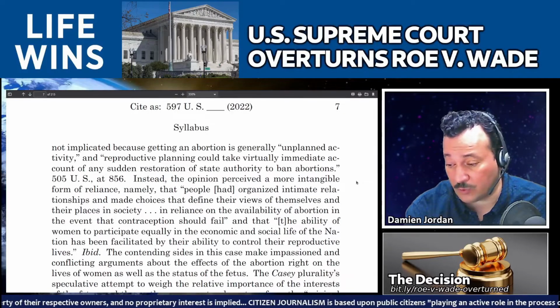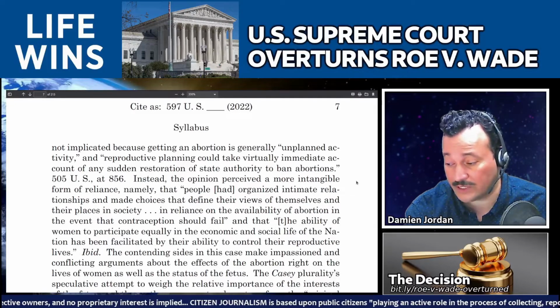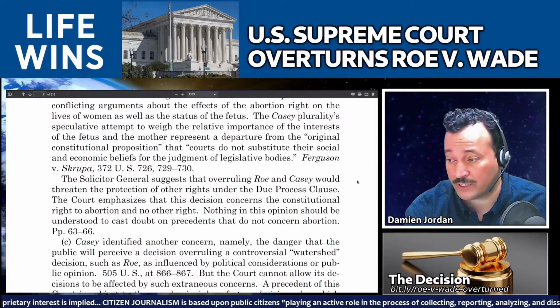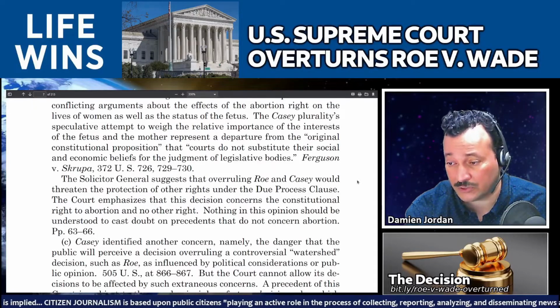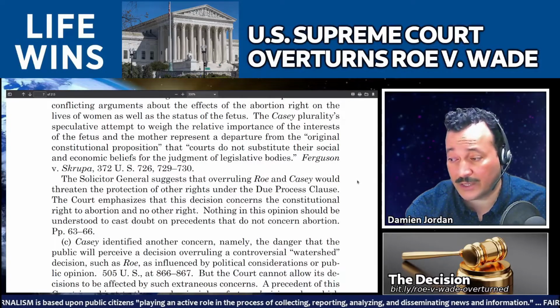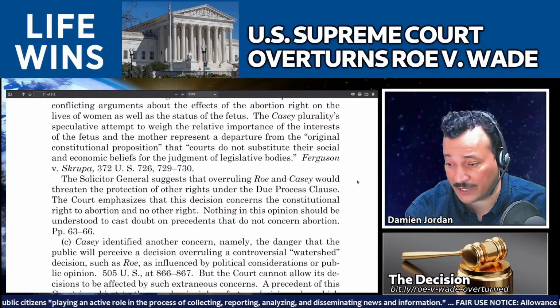The Casey plurality's speculative attempt to weigh the relative importance of the interests of the fetus and the mother represents a departure from the "original constitutional proposition" that "courts do not substitute their social and economic beliefs for the judgment of legislative bodies."